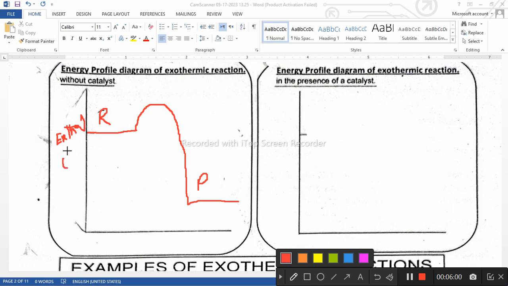Here we can write reaction progress. Okay, so now activation energy.